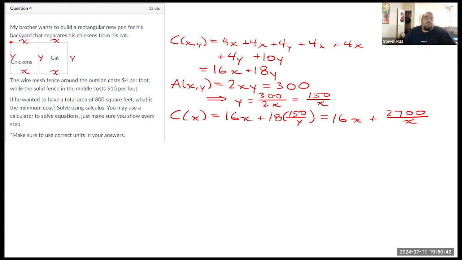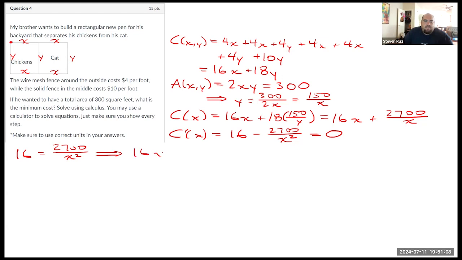We want to find a critical point for it, so we need a derivative. So C prime of x is equal to 16 minus 2700 over x squared. And to find a critical point, we've got to set the derivative equal to 0. So now we have this equation: 16 equals 2700 over x squared.